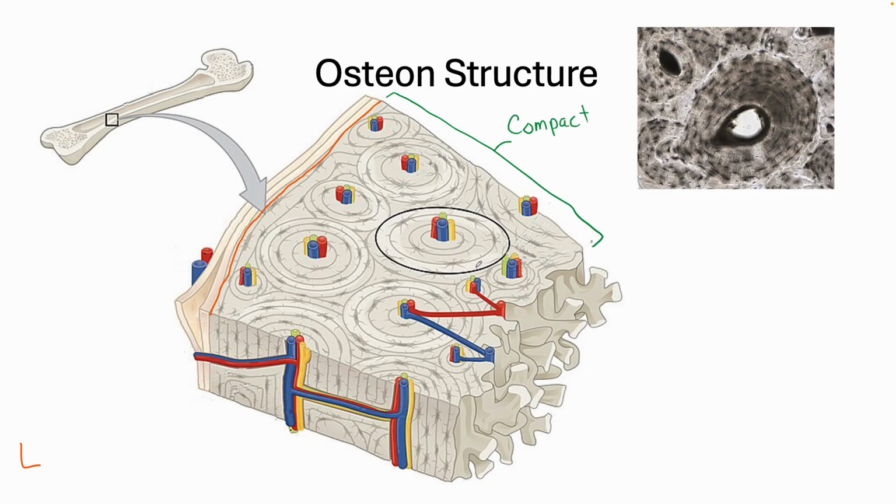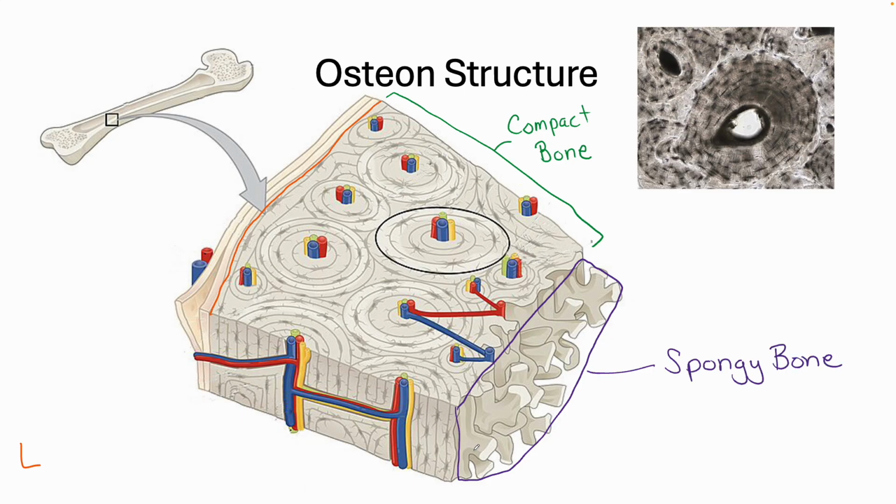So compact bone is going to be here on the inside, and then it's going to transition into the spongy bone more deep in the structure. As I mentioned, the osteons are the cylindrical units found as the structural organization of compact bone.